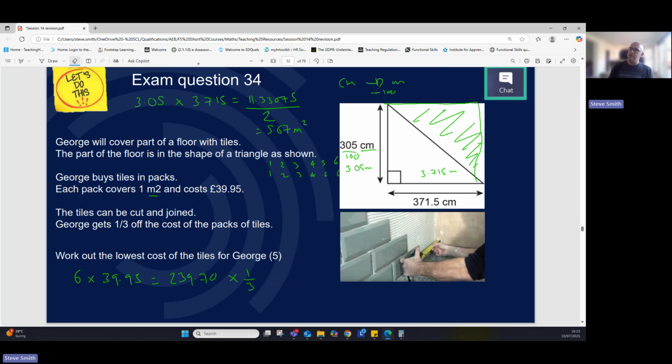So the easiest thing to do here, rather than times it by what we need, why don't we look at what we need? If he's going to get 1/3 off, that means he's still going to be left with 2/3. So we want 2/3 of 239.70, because times by 1/3 equals 1/3 off.